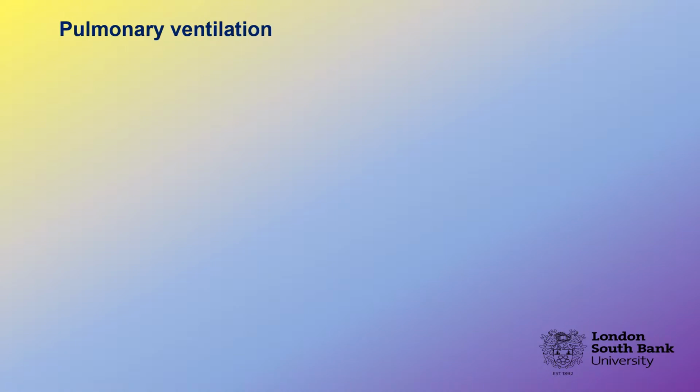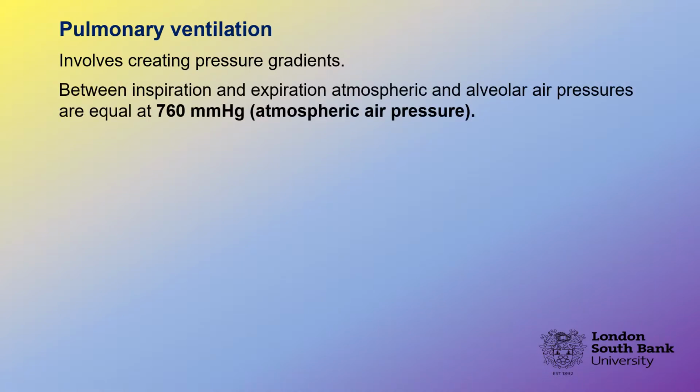So pulmonary ventilation involves creating pressure gradients. Between inspiration and expiration, atmospheric and alveolar air pressures are equal. That gradient has equalized. We don't have a gradient anymore. They equalize at 760 millimetres of mercury, and that is atmospheric air pressure.